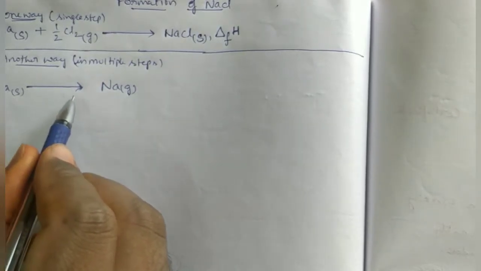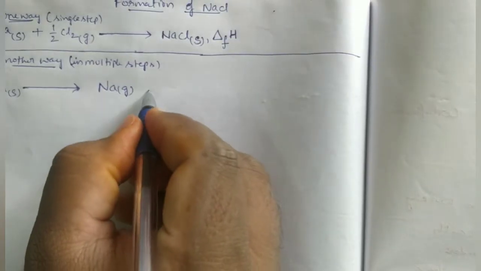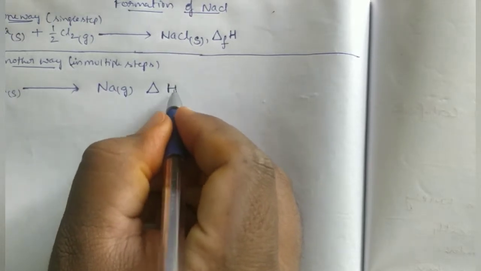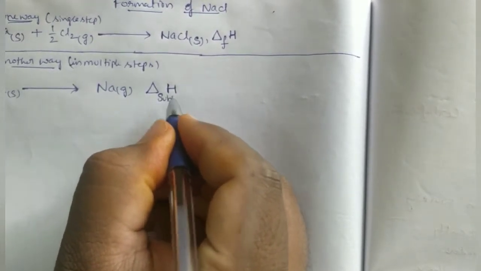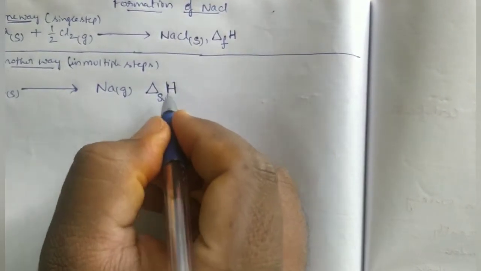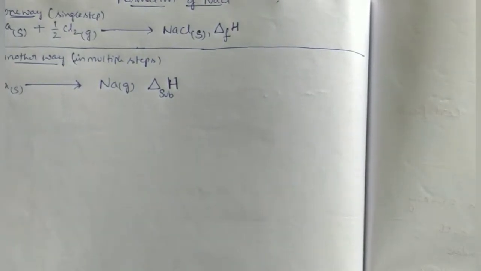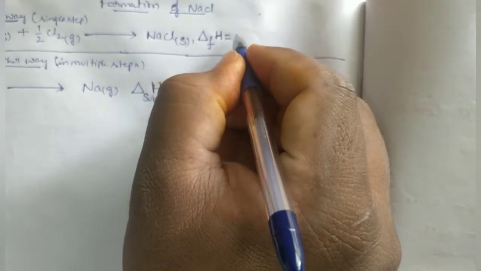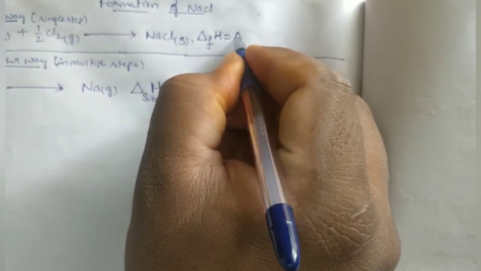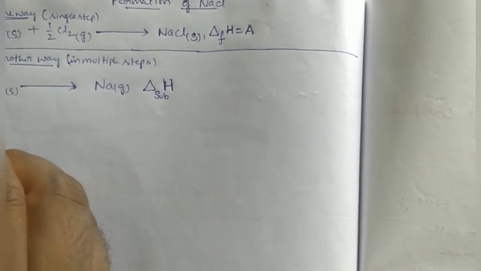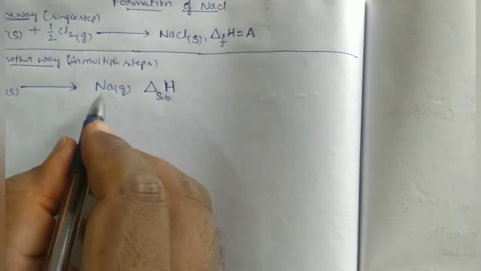For that, the amount of energy involved is the enthalpy of sublimation. Let us consider the one-way single step. In that, the energy involved is, let us take it as capital A. Now, another way in multiple steps. Step 1: sodium solid is converted to sodium gas.